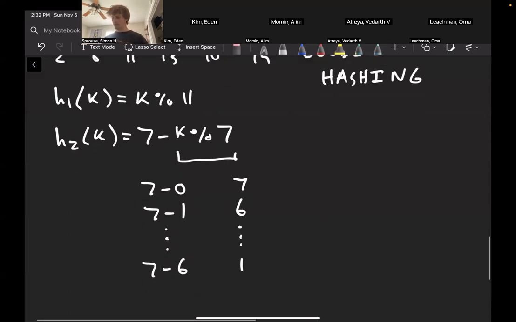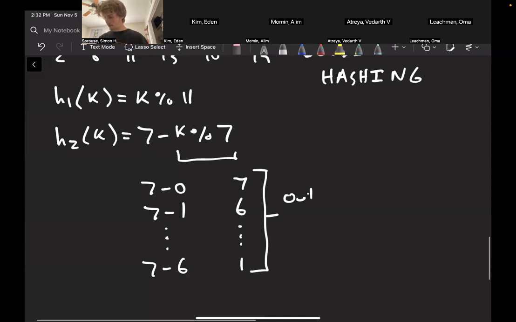The reason that we write it this way is because we want to guarantee that the second hashing function is fundamentally always non-zero. So the output is greater than 0 for all k, and that's important.